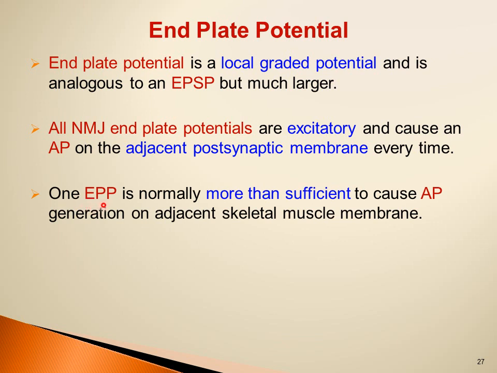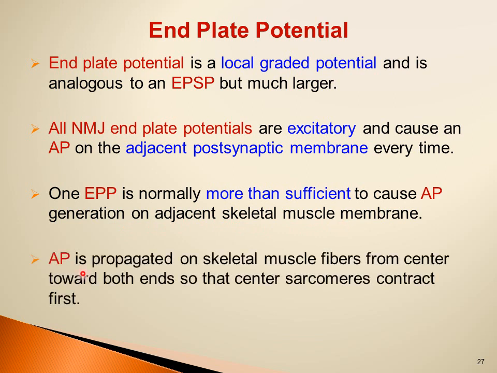One end plate potential is normally more than sufficient to cause action potential generation on the adjacent skeletal muscle membrane. The action potential is propagated on skeletal muscle fibers from the center towards both ends of the muscle fiber, so that the central sarcomeres contract first.